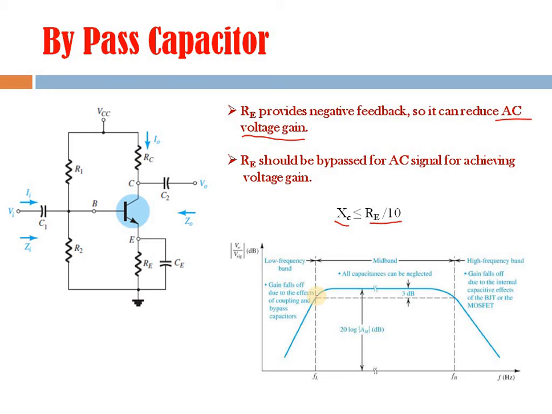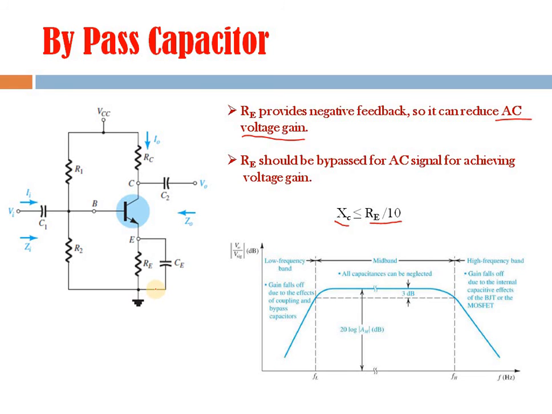If we are sure that at this lowest frequency the impedance is 1/10 of RE, then definitely at higher frequency its impedance is going to reduce further. So definitely it will be much smaller than RE, so the AC signal will easily pass through this part, right?